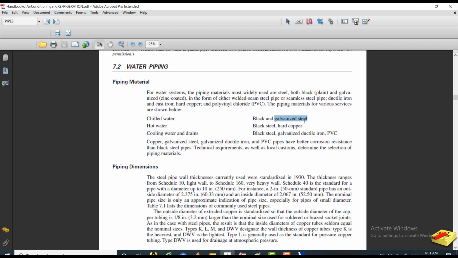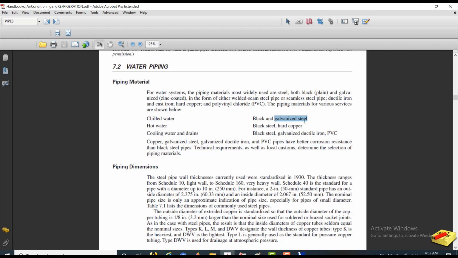When we say galvanized, it is surface coated with zinc. The advantage is that it is coated, and the disadvantage is the cost, which is more expensive than black iron pipe.